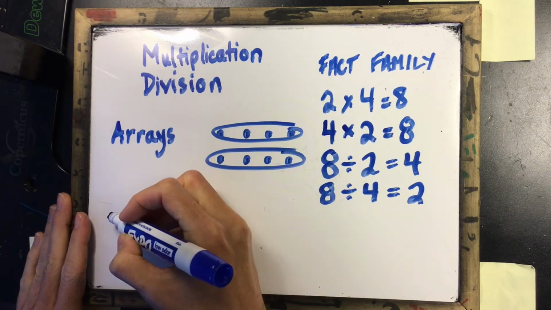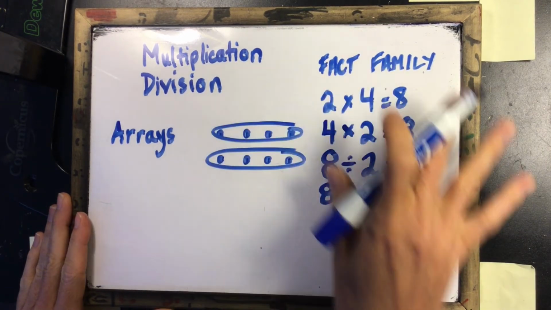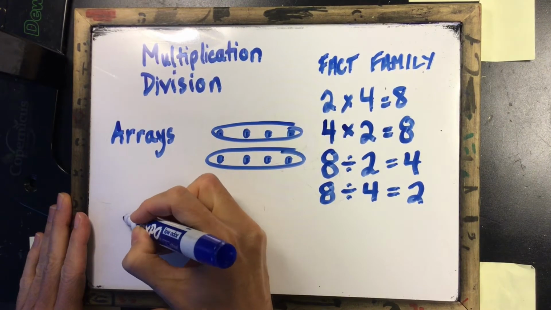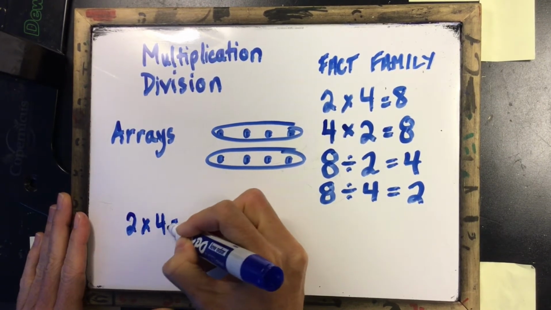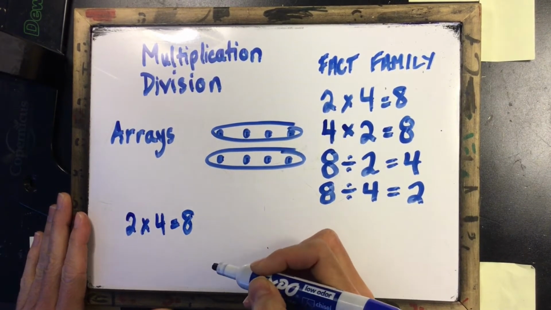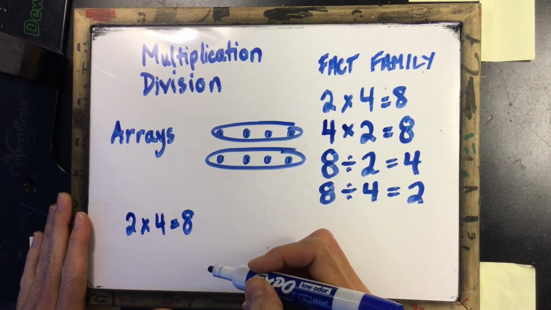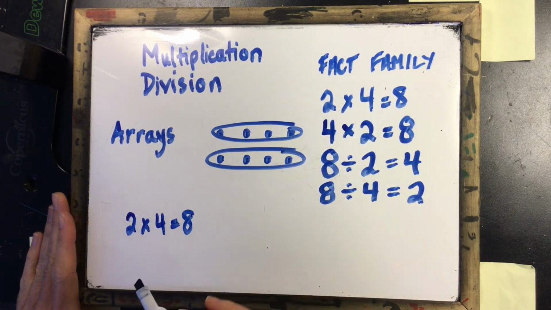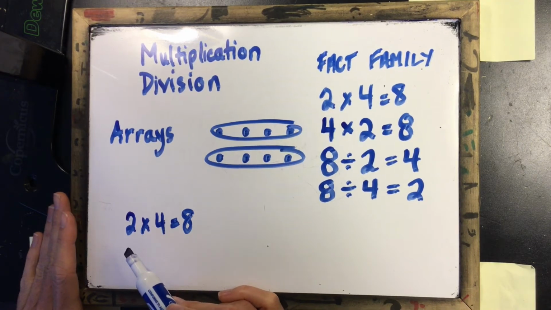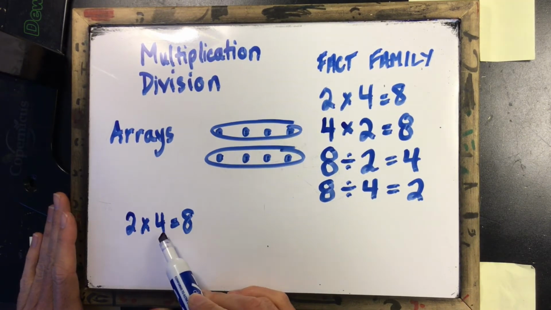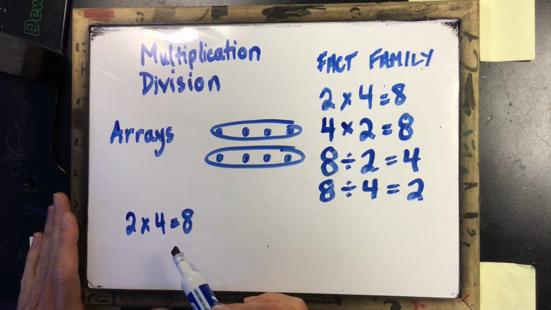So let's do 2 times 4 equals 8. We have a few things here. We have the number of groups that they go into. We have the number in each group, okay? We have the number in all, okay?